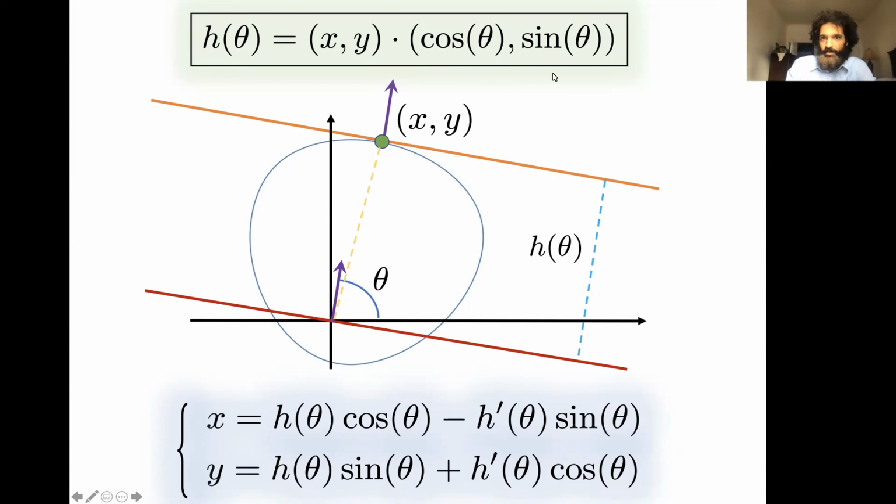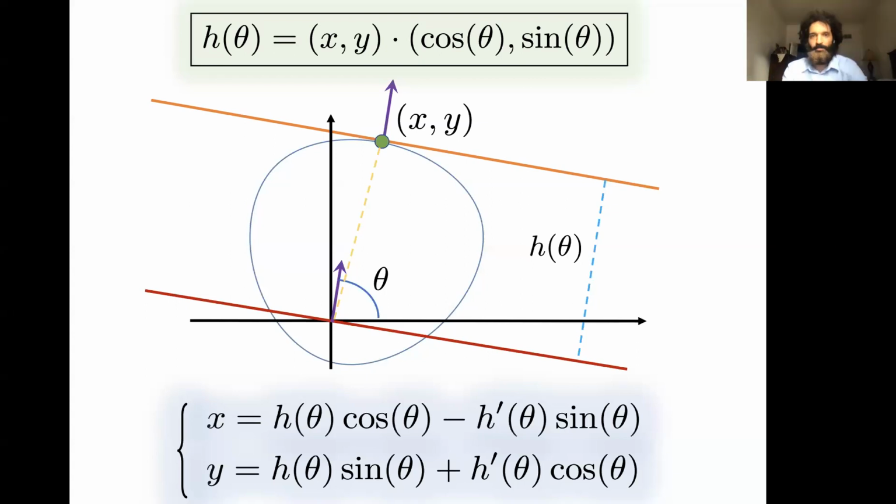Okay, and so we have this relation right here at the top of the screen. I should say there's a general formula for the support function. I'm not going into it because it won't really help us today, but given a convex set or a convex curve, I can write down a formula for h of theta.